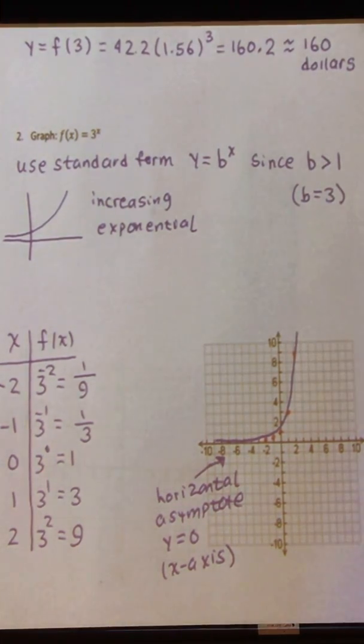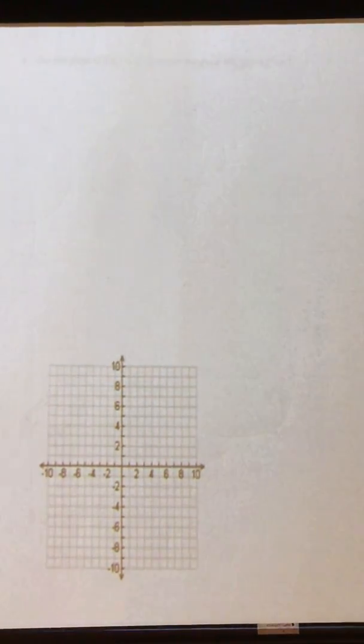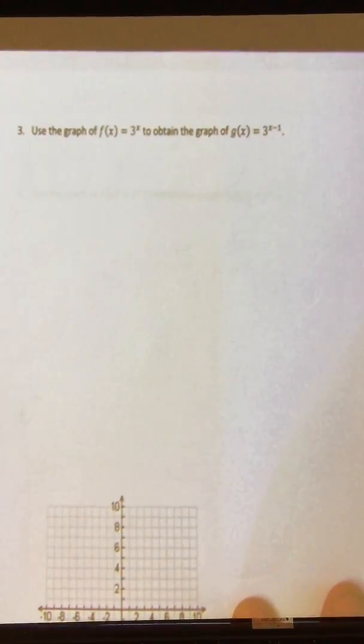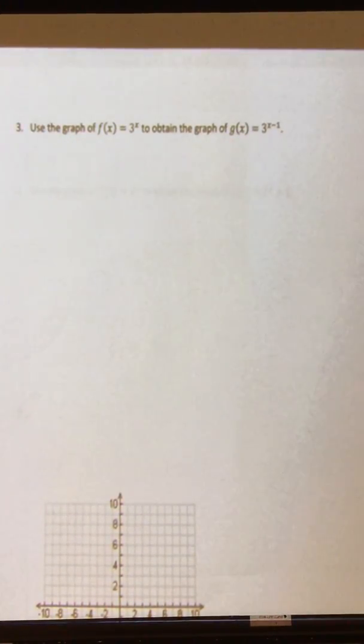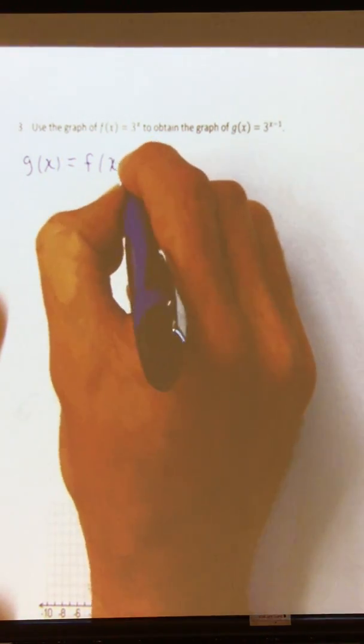Let's go on to problem number 3. We're asked to use the graph of the function 3 to the x that we just graphed to obtain the graph of a new function, g of x, equal to 3 to the x minus 1 power. So here, g of x is f of x minus 1.